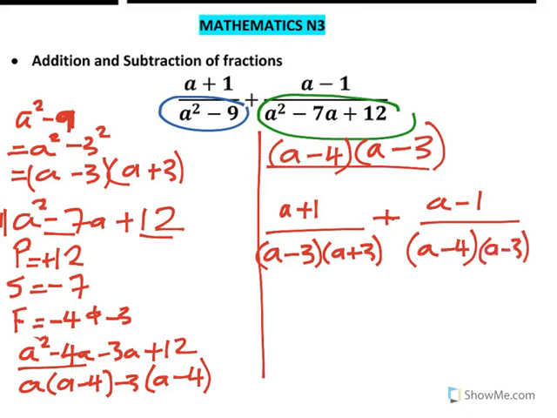If you look at the two fractions in their simplified version, you will notice the common denominator: we don't have a minus 4 in the first, we don't have a plus 3 in the second, but we have a minus 3 on both sides, so we take it once, as it is common. So we're going to have a minus 3.